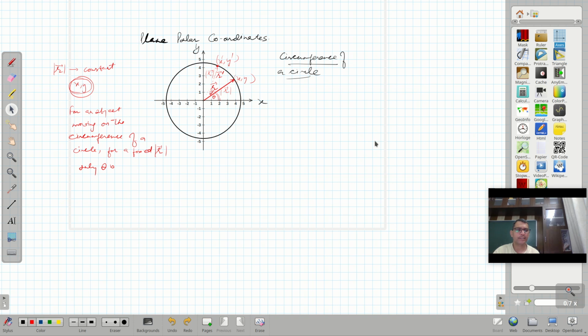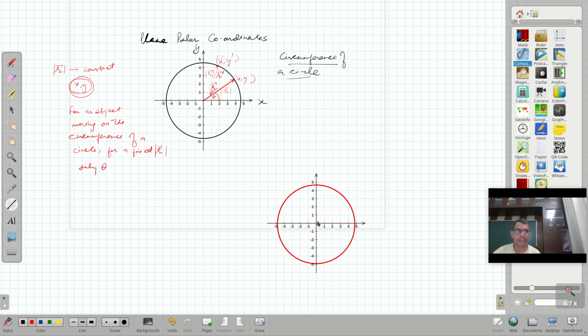Let me take another. Let me consider this, and let me take a compass and draw another circle. This is the situation. For this particular situation, what is going on?